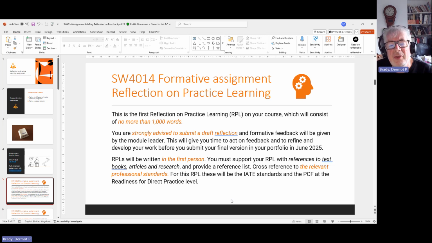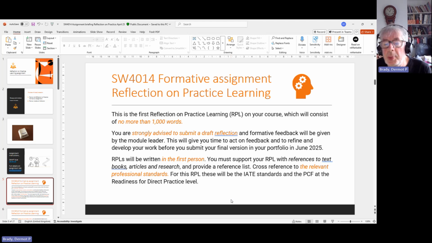So generally in the university, just get into the habit of submitting drafts and get feedback from module leaders, because that will help improve your work and improve your grades. So if you try to get it in around the 28th, that means you have a bit of time to work on it a bit more before you submit this as part of your final portfolio in June.